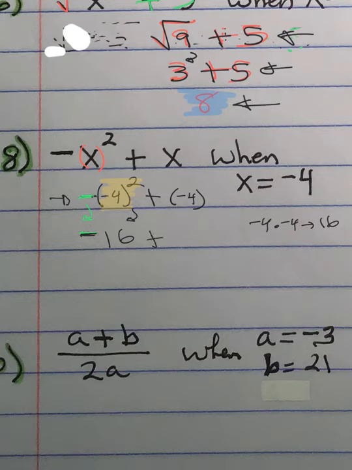And then we have plus a negative 4. And then negative 16 plus a negative 4 is negative 20. And that's your final answer. So those should have been your steps. Right? So pay attention to those different lines. So you have to do the negative 4 squared first. Let's look at the next problem.